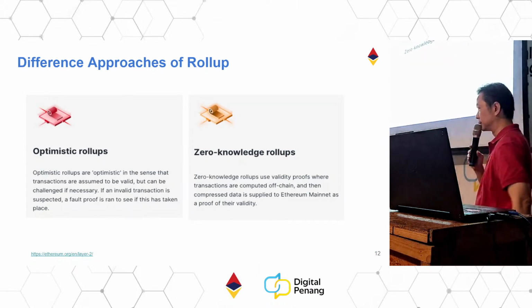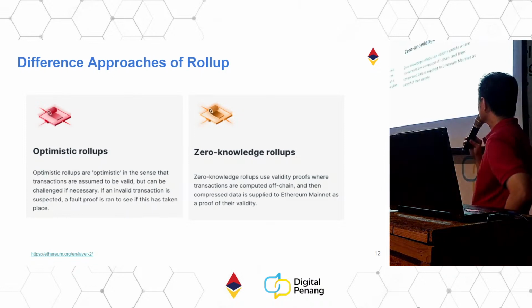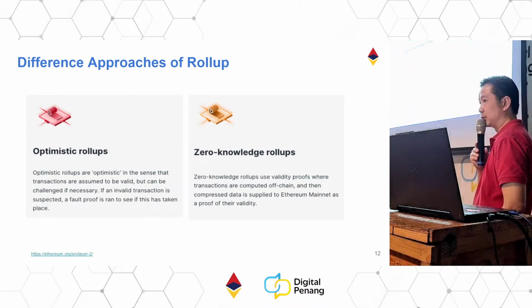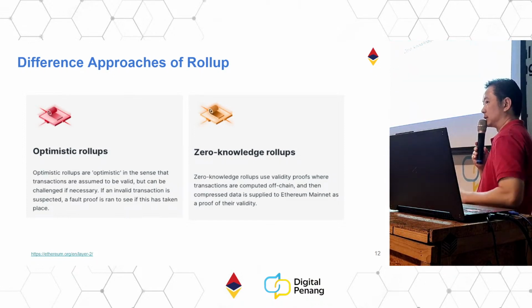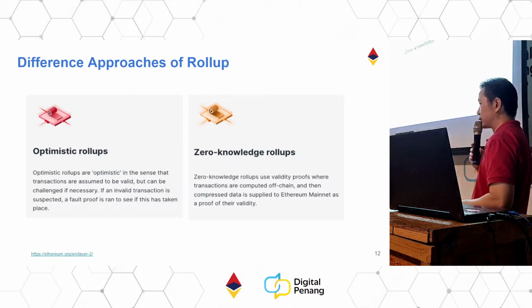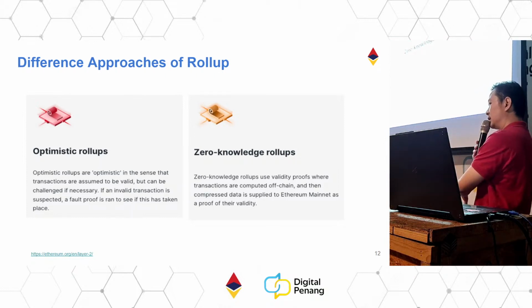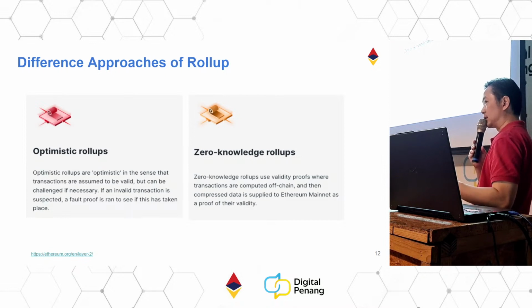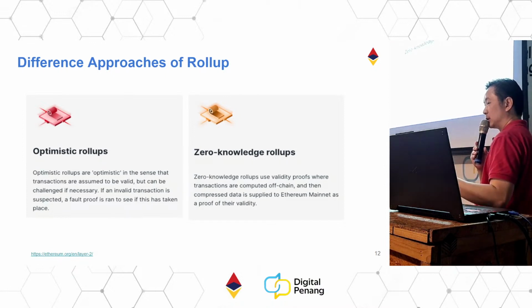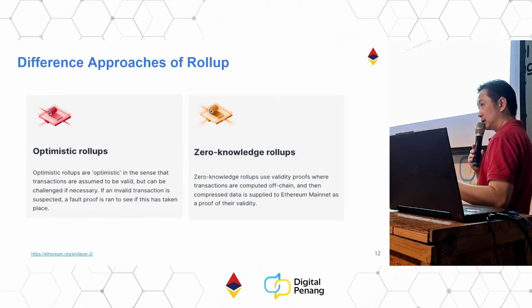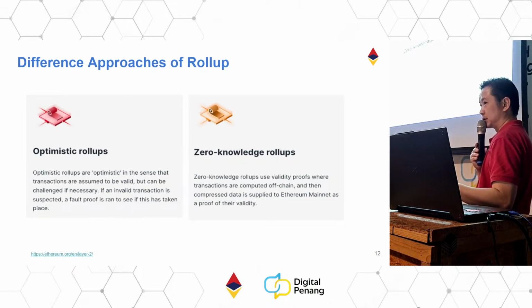So how about zero knowledge rollup? Zero knowledge rollup uses validity proof. So how does zero knowledge rollup prove to Ethereum that the calculation is done correctly in layer 2? The rollup generates a validity proof using zero knowledge.